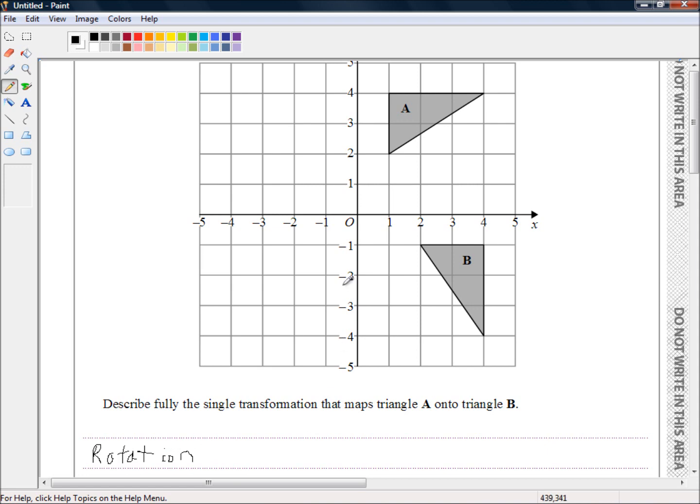Okay, so a rotation has to be around a point, and the key to remember is that every point on triangle A will be the same distance from the point of rotation as the corresponding point on triangle B. So if we pick a point here, I like this point, we can notice that if this is coordinate 1, 2, this here is coordinate 2, 1.